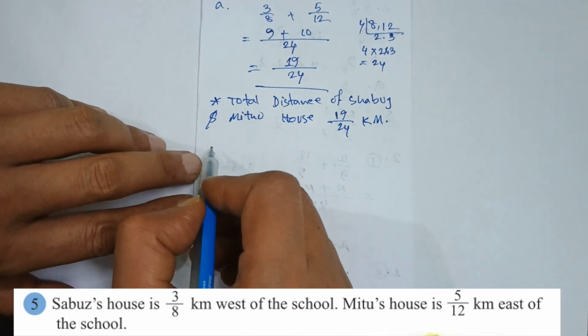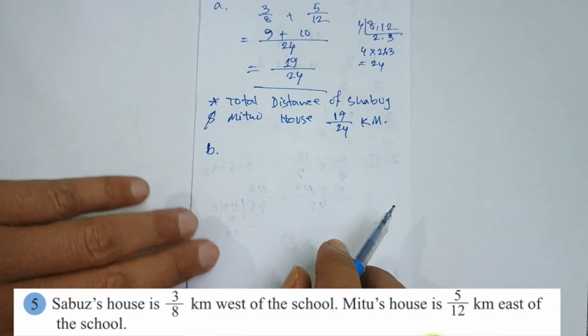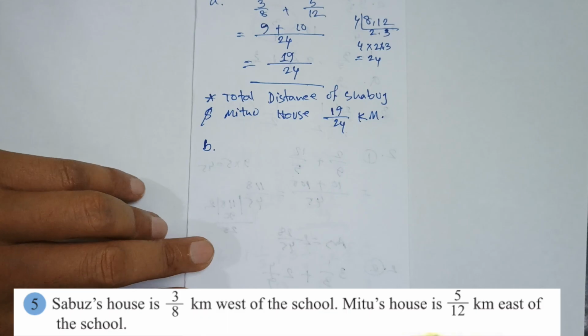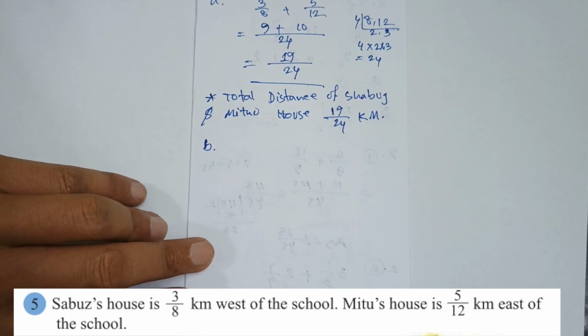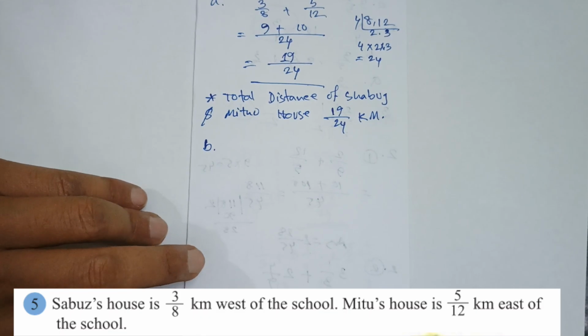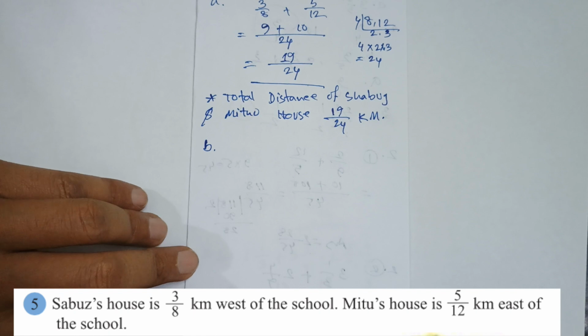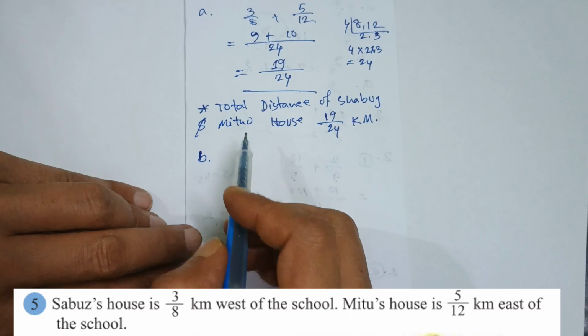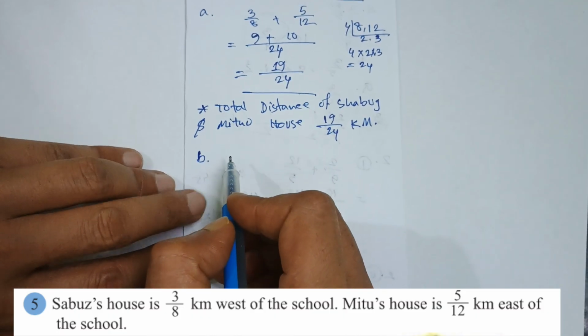And for B, what do they want to know? Whose house is near to the school? And what is the distance of Shobu's and Mitu's houses from the school? Who is the nearest?